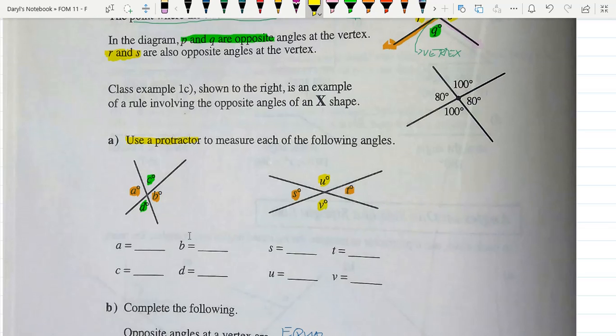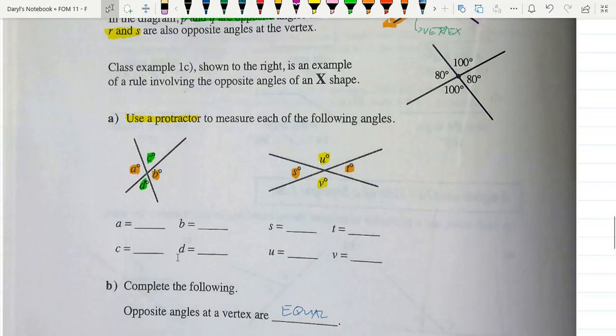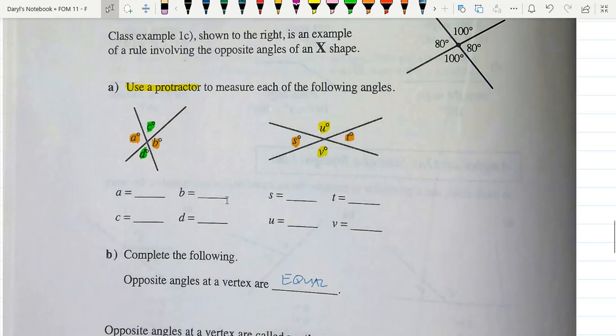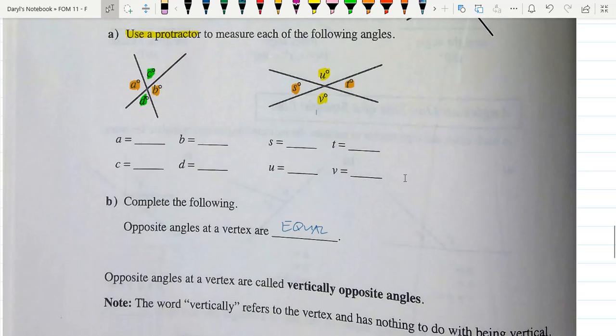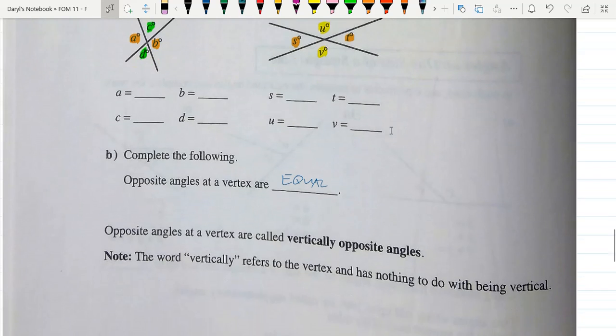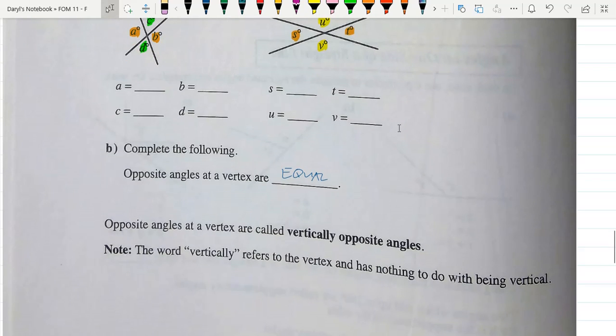With your protractor, kindly check whether A and B are equivalent, as well as C and D on the first figure, as well as U and V, or S and T. We can verify that they are indeed equal. So vertically opposite angles at a vertex are always equal.